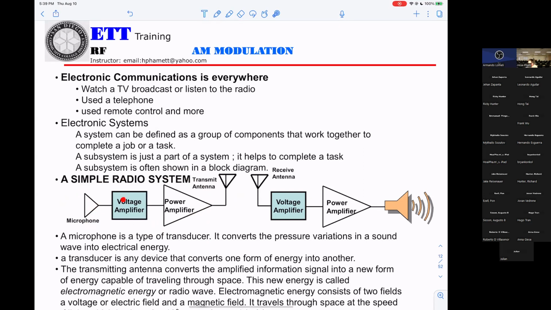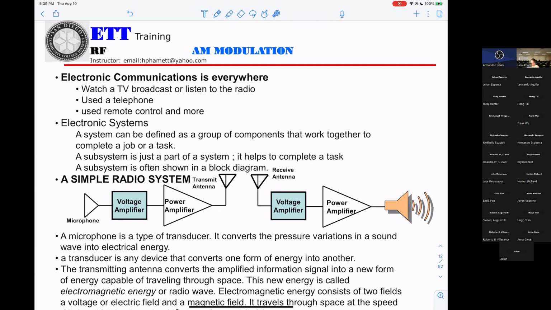Then you can use the amplifier to amplify that signal. Then that signal goes to the antenna, so the signal can be transmitted over the air. That's what we're talking about, the transmitter.